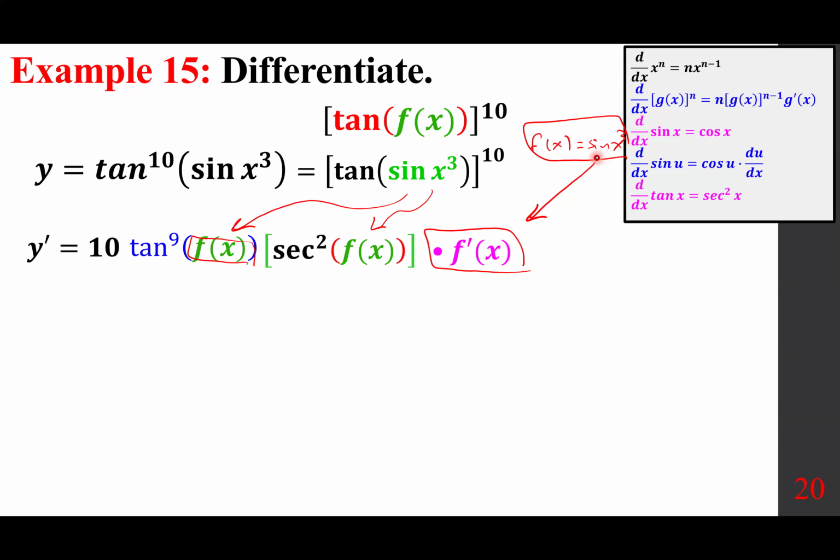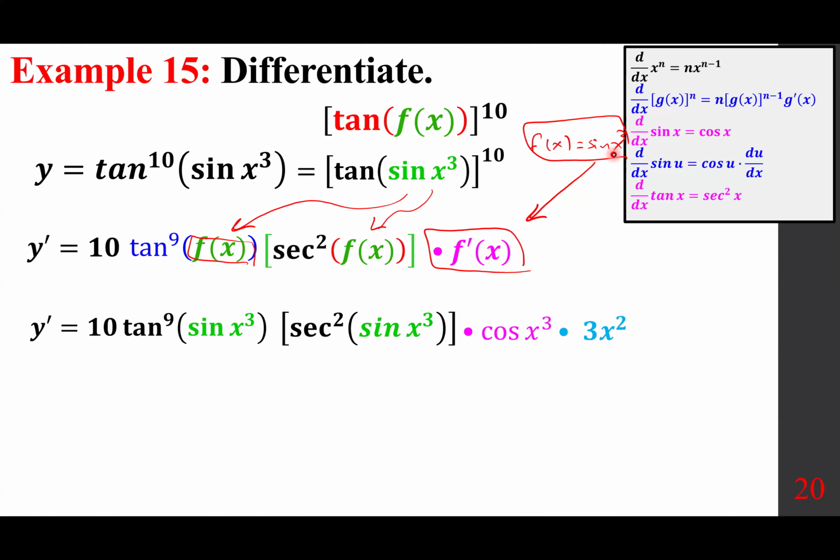So let's write this: 10 tan to the power of 9 sine x cubed, secant squared of sine x cubed, f prime of x. From f of x, we're going to go to f prime of x. Cosine x cubed, the derivative of x cubed is 3x squared. This is done.